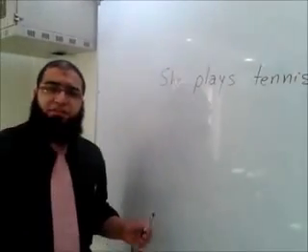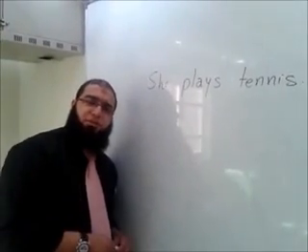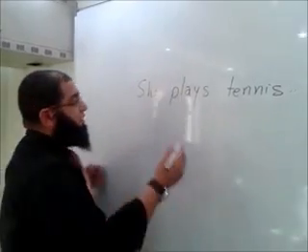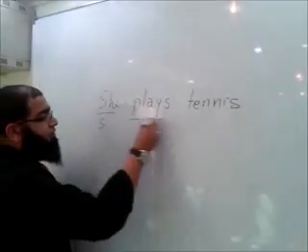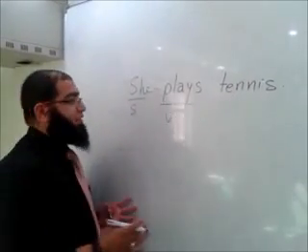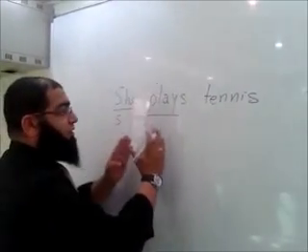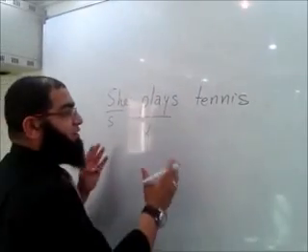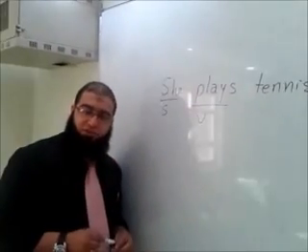Now I can say that this is a very nice sentence here. Why? Because I've got a subject and I've got a verb, so I have here a complete meaning. Okay, fantastic. So I've got a subject, I've got a verb. Now this is a very nice clause and it's a sentence at the same time.